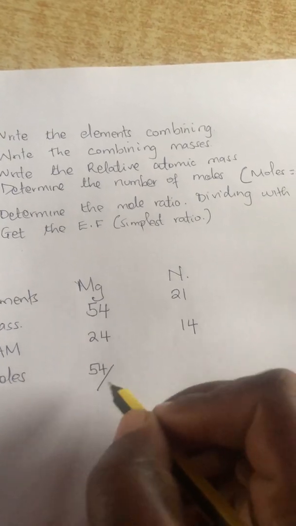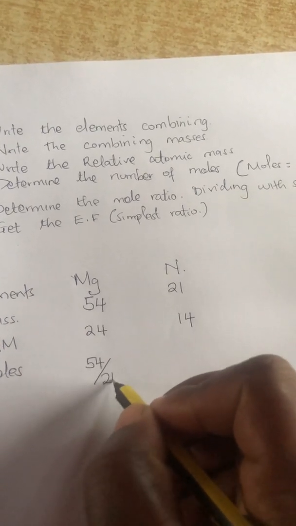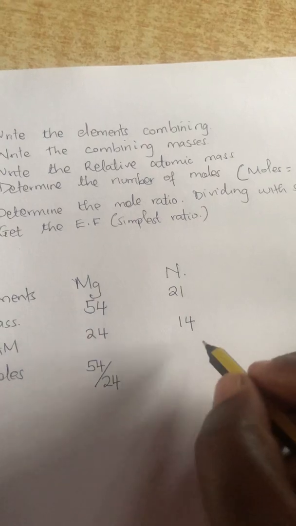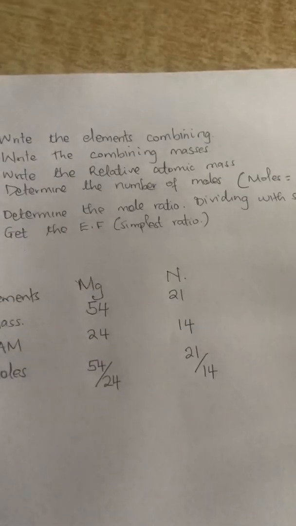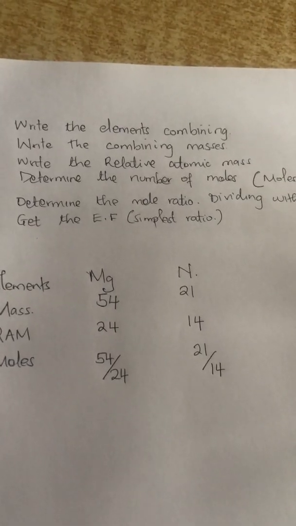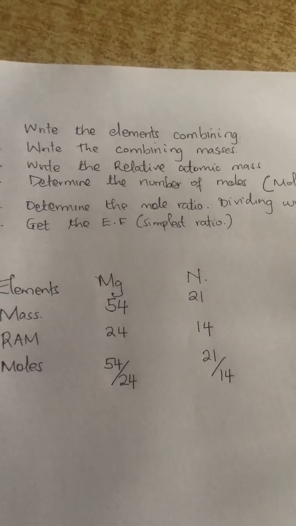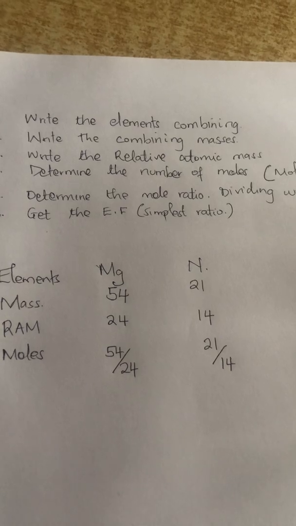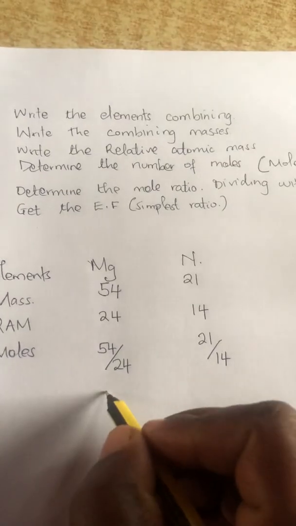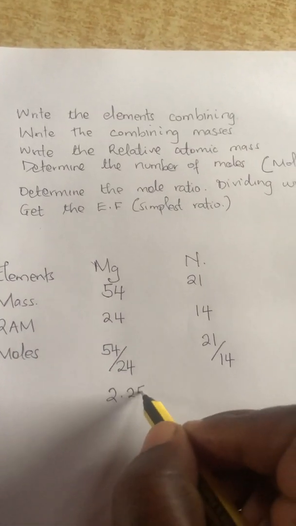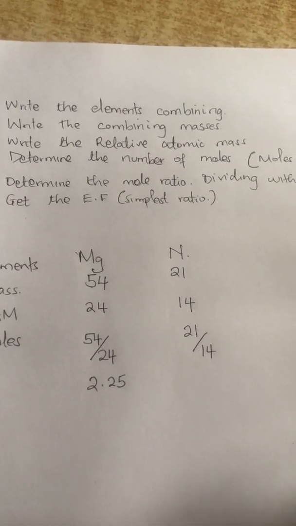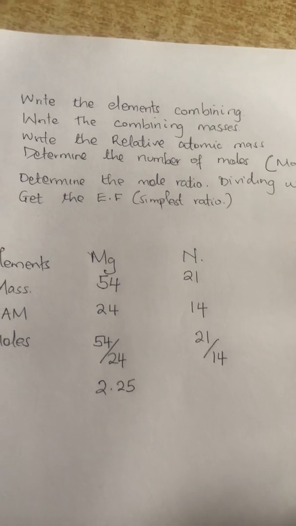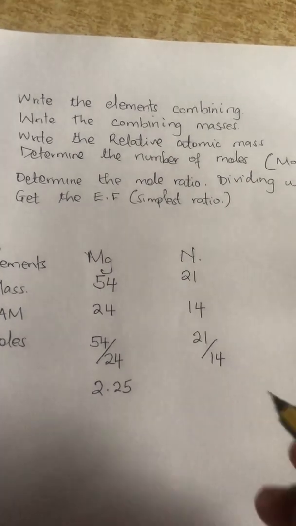So for magnesium it will be 54 divided by 24, and for nitrogen it will be 21 divided by 14. So at this step, you just press your calculators. So 54 when divided by 24, we get 2.25. Those are the moles of magnesium. When you press the calculator, 21 divided by 14, you'll get 1.5.